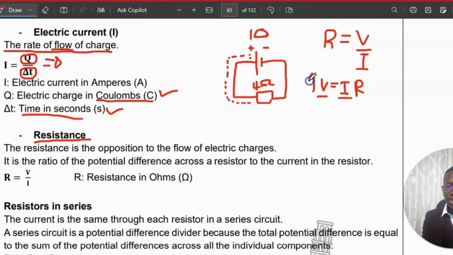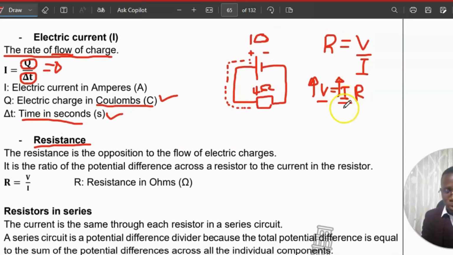Meaning if you increase the voltage or the potential difference, you're basically increasing the energy that is required to move a charge, which will also increase the speed of that charge flowing through that wire. So basically, what a resistor does is try to decrease the speed of the charge. That's the point of a resistor. It decreases the current.